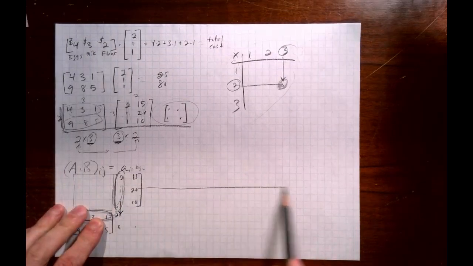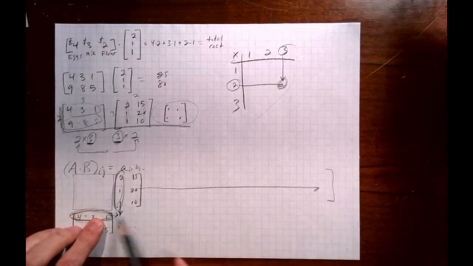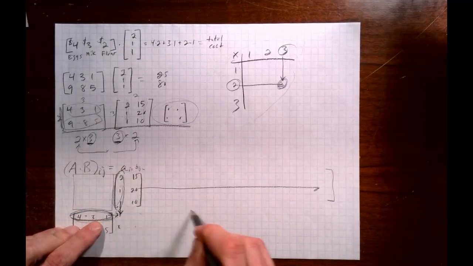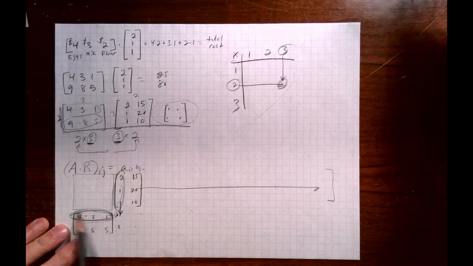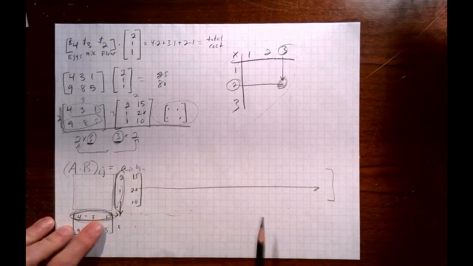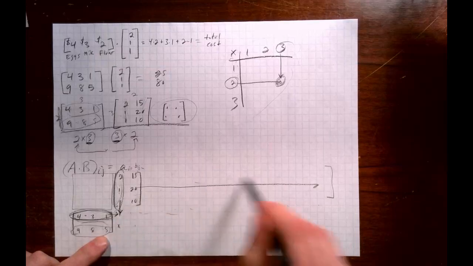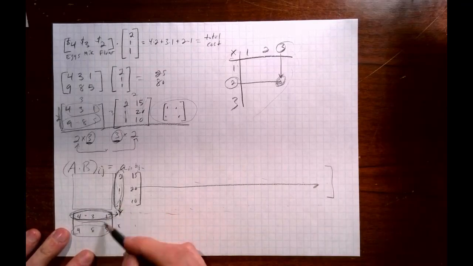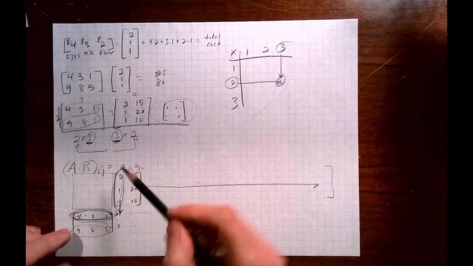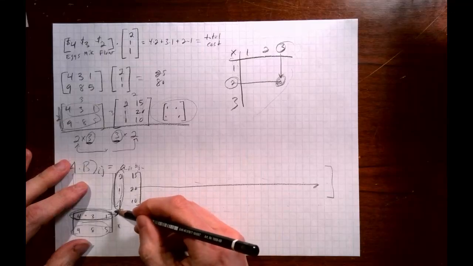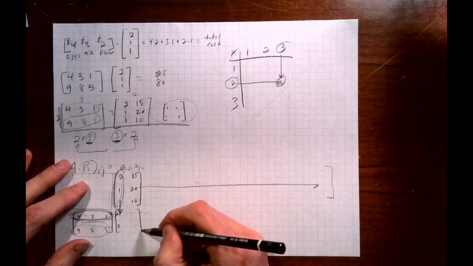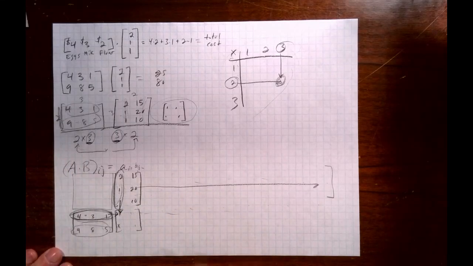If this matrix went all the way to the end of the page, it would be this, and then these numbers would all go in here. So it would be this row times every single column. And then the same thing would happen, this row times every single column. So when you multiply 2 matrices, what you're really doing is you're making a table of all the possible dot products.